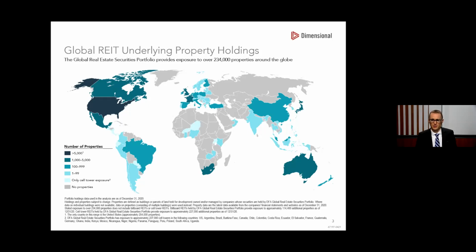One other point I wanted to make on the private versus public real estate investment that I think is important, and maybe some people don't think about, is when you have an investment in a publicly traded REIT fund like the global real estate securities, the income that you generate from those securities passes through to you, and you have an option of what you want to do with it.